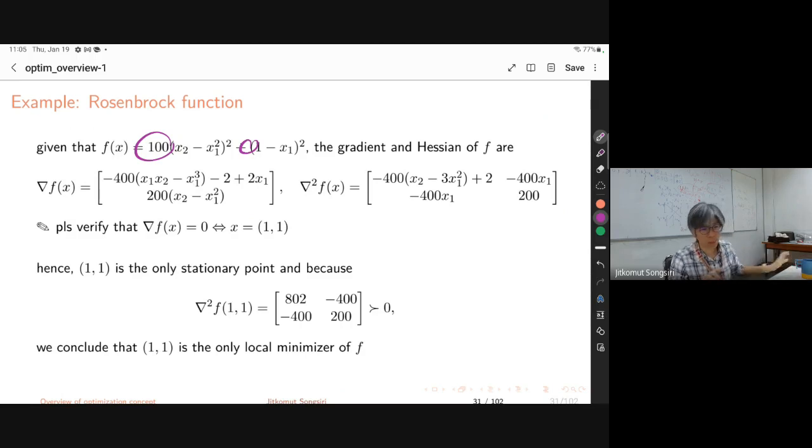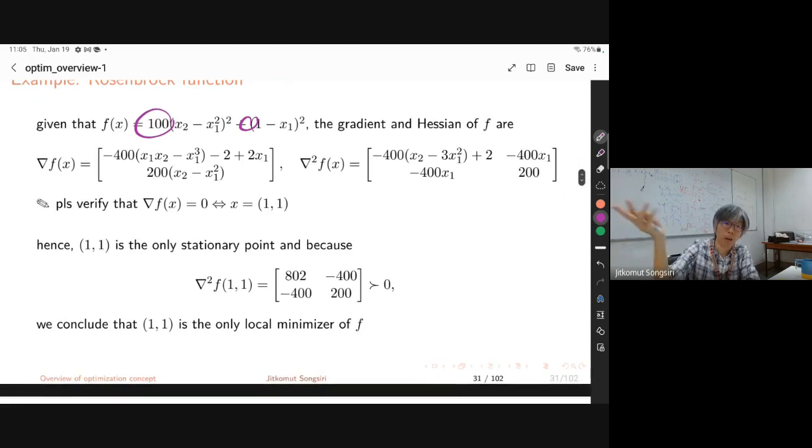In the homework, I'll ask you to plot the contour of this function and see where the minimum is, and compare with the result that you get analytically. Verify the gradient and the Hessian. This is a function of two variables.